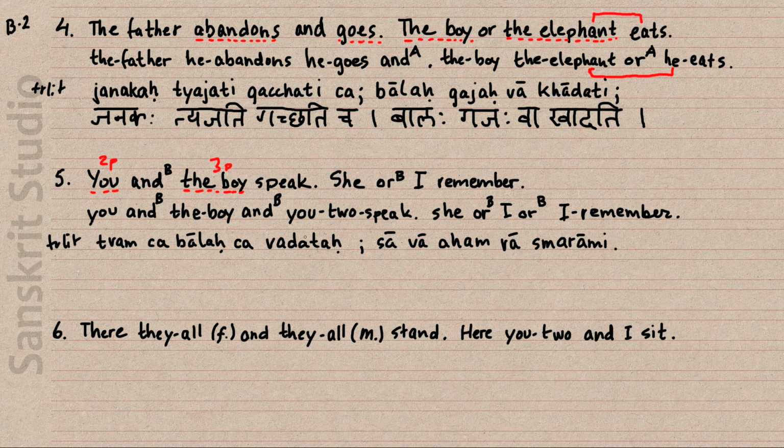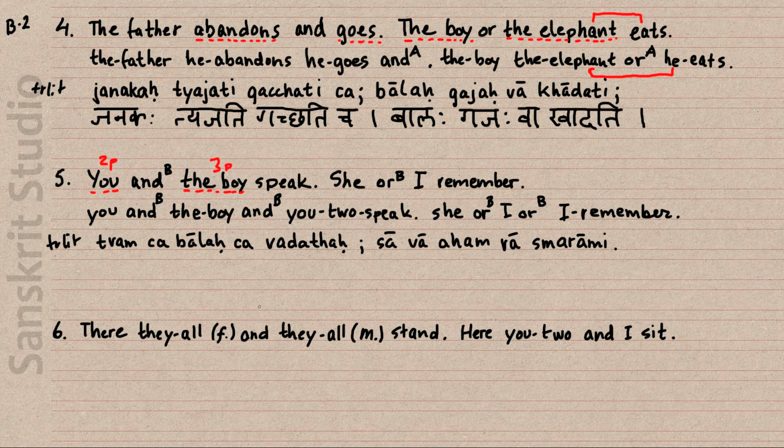Oh no, okay, I forgot an H here. This is second person, it's not third person. Whoops, what am I doing? Second person. Oh yeah, naturally. It must be vadataha.